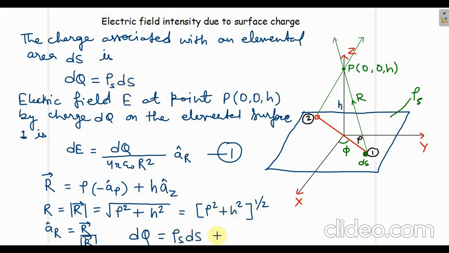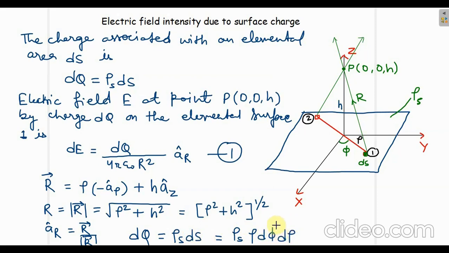The ds can be replaced by the elemental surface in the cylindrical coordinate system, which is rho d phi d rho.